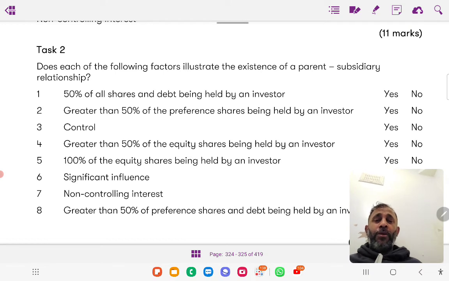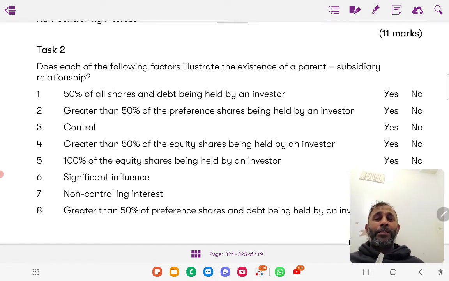The first one, 50% of all shares and debts being held by an investor. Remember, I have said specifically 51% or more. So therefore, this cannot establish the control, so this cannot be known as a parent-subsidiary relationship. So the answer is no. Second one, greater than 50% of preference shares being held.